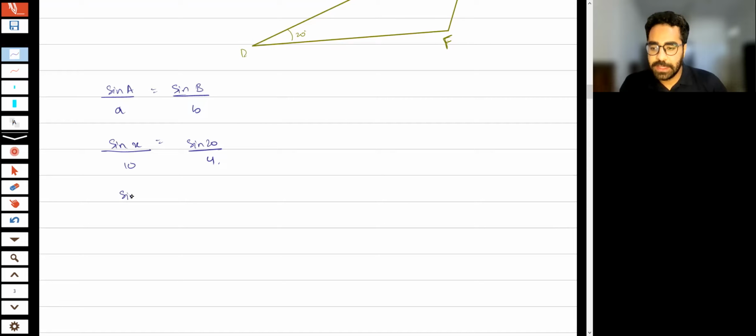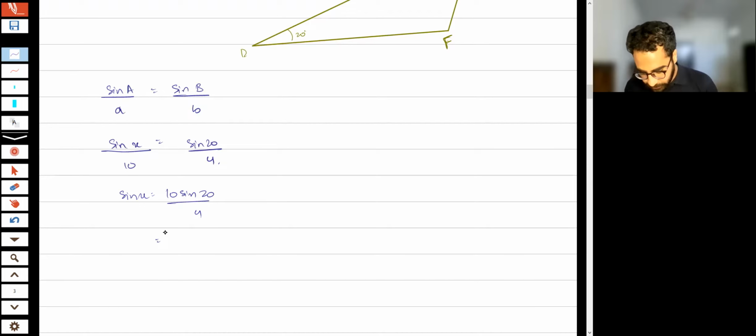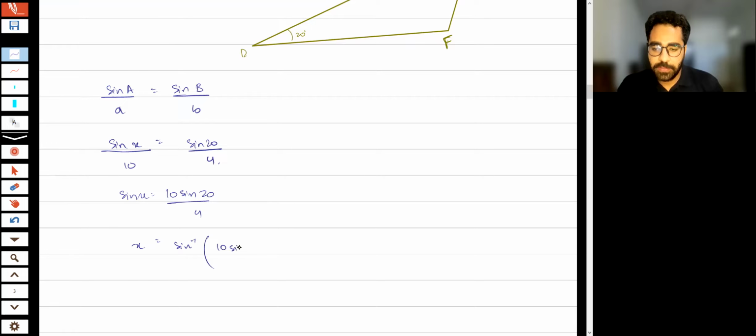I'll get sine x equals 10 sine 20 over 4. ठीक है, और 10 sine 20 over 4 क्या होता है? I have to take the sine inverse as well. So I'll get 58.6 as my answer. So x would be equal to sine inverse 10 sine 20 over 4. So I'll get x as 58.7 degrees.